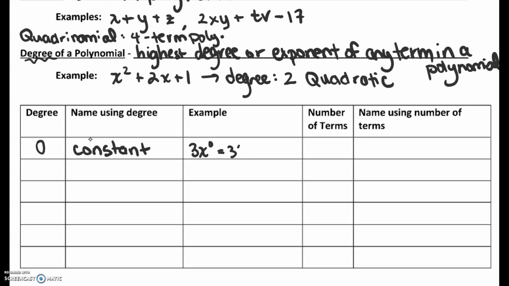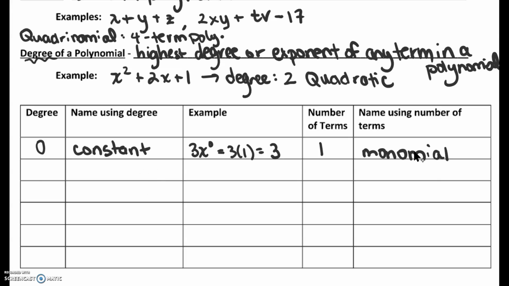So this is really just 3 times 1, or 3, which is a constant. It's just a whole number. So how many terms does this have? Well, it's just a single number. So it has one term. And then what's that called? Well, one term is called a monomial. So I would call this a constant monomial.